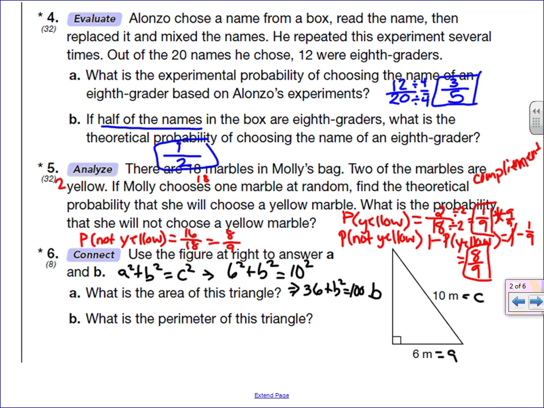So what number, when I add it to 36, gives me 100? Well, 64. So that tells me that b squared has to be 64. And what number, when I square it, is 64? That's 8. So b must be 8.